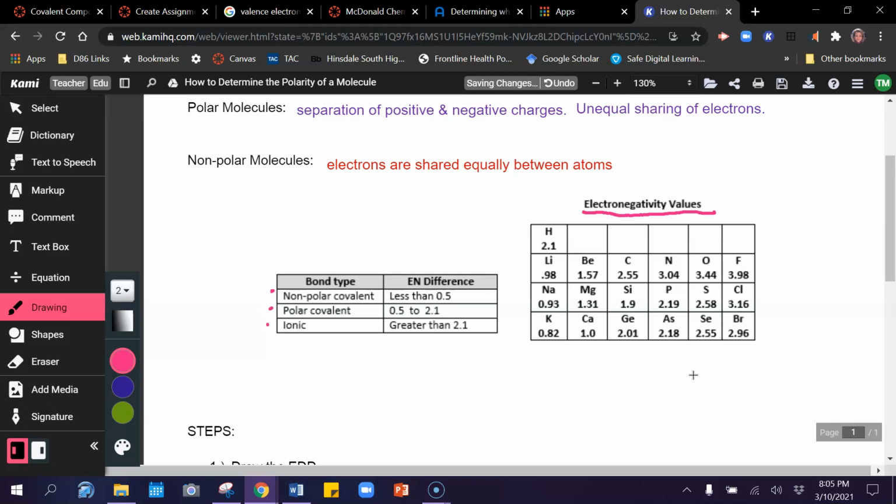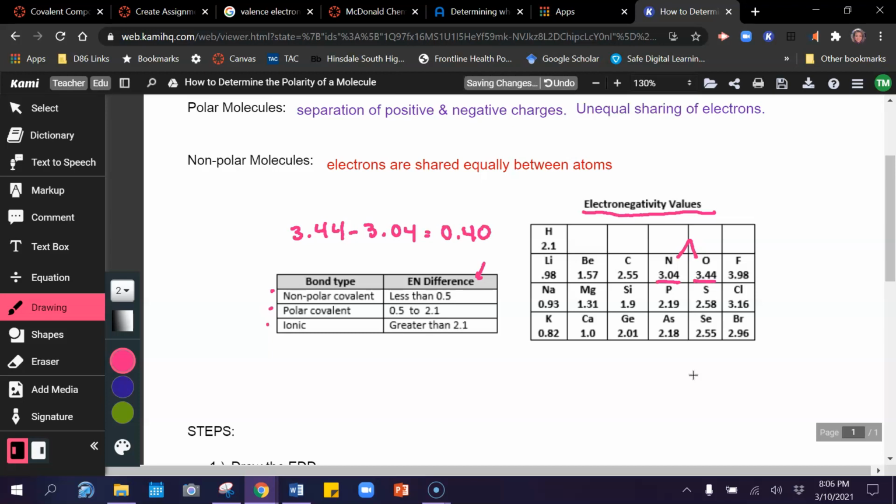So if I wanted to determine what type of bond exists between an oxygen atom and a nitrogen atom, all that I have to do is subtract their two electronegativity values. So 3.44 minus 3.04 is going to give me an electronegativity difference of 0.40.